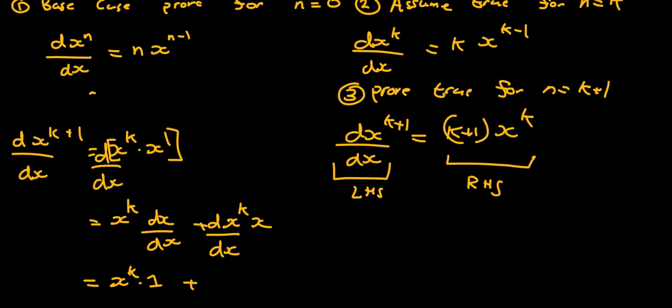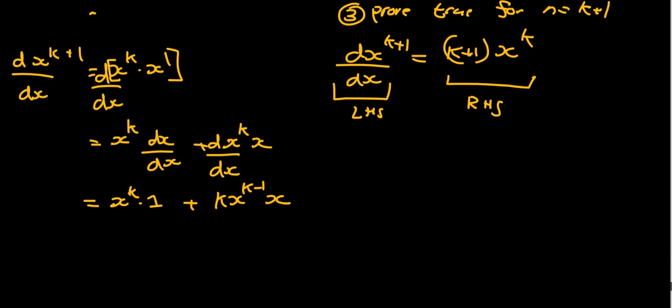We've got d x to the k is equal to k x to the k minus 1. So let's do that then. So we've got k x to the k minus 1 multiplied by x. And that's the assumption we've made.